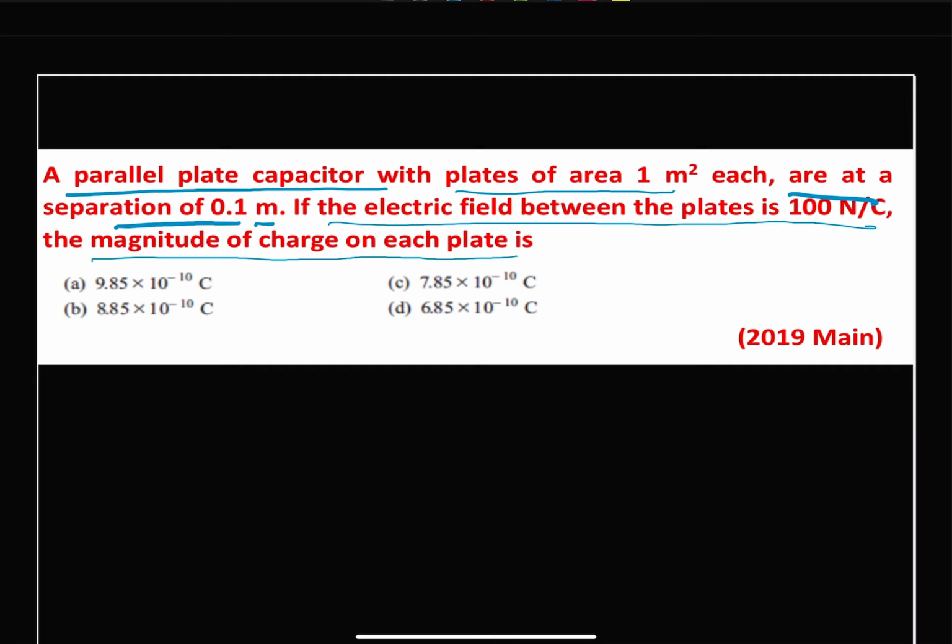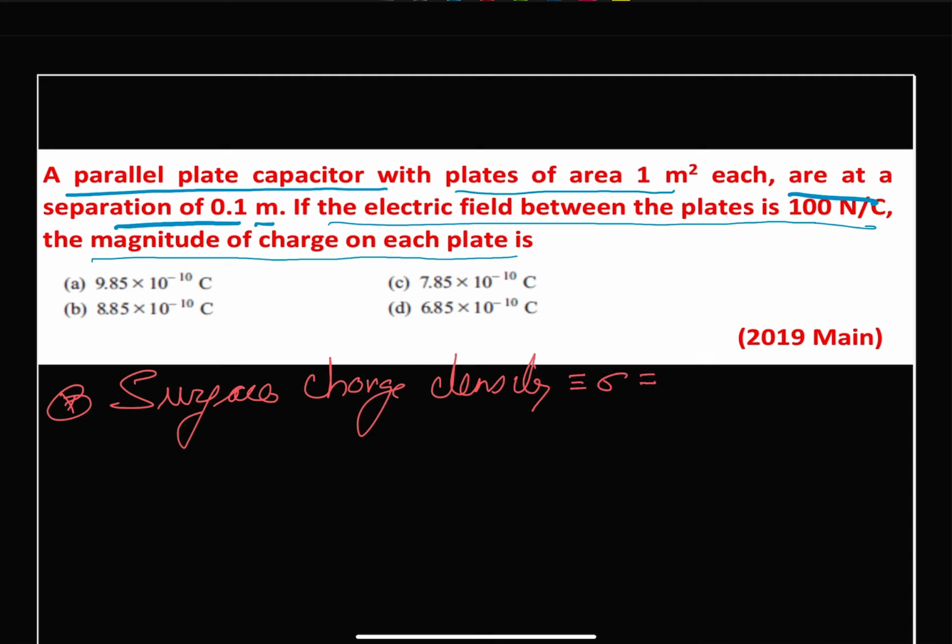So first of all, we are going to find out the surface charge density. Let us suppose that you have sigma, and this sigma is equal to our electric field multiplied by epsilon naught.